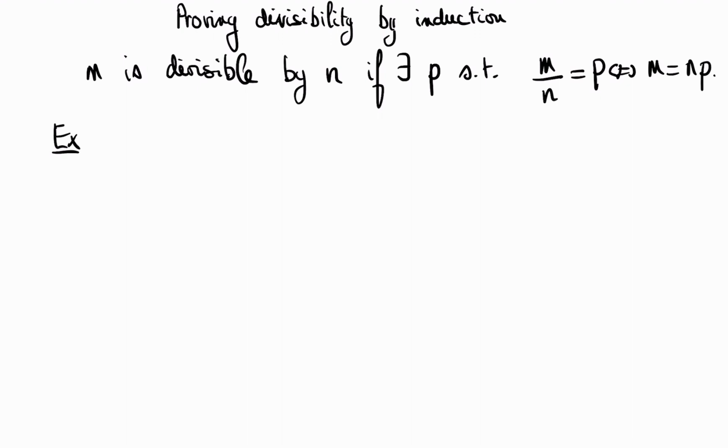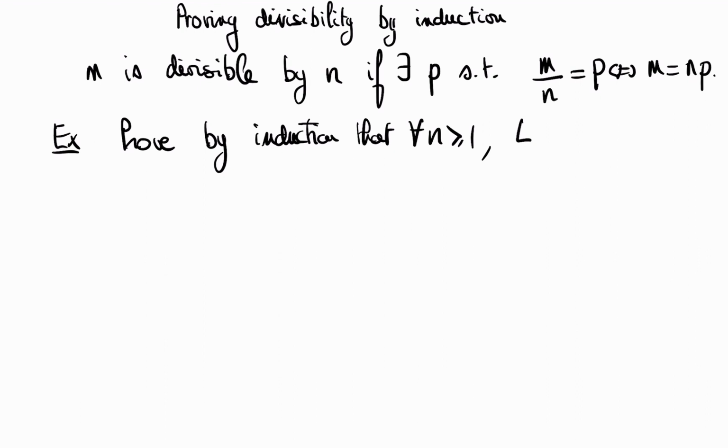Example 1, prove by induction that for all n greater or equal to 1, 4 power of n minus 1 is divisible by 3.